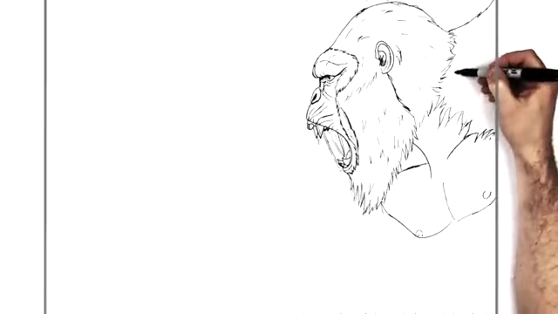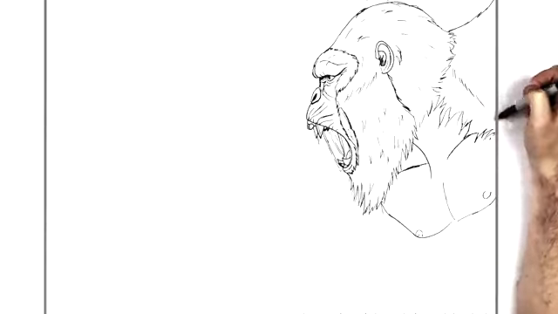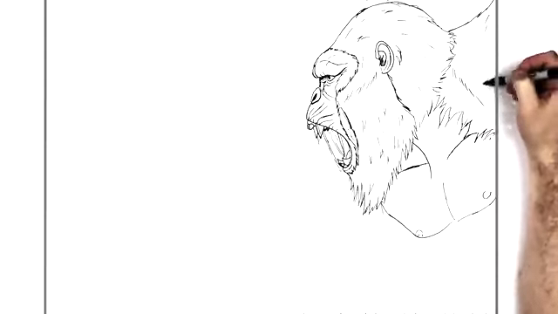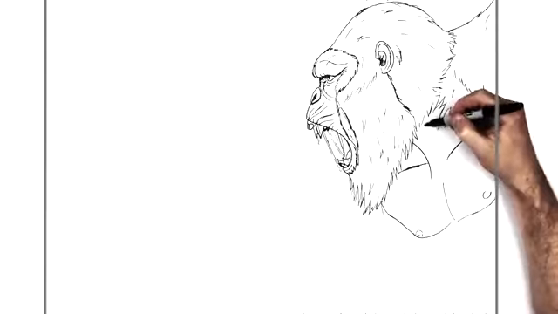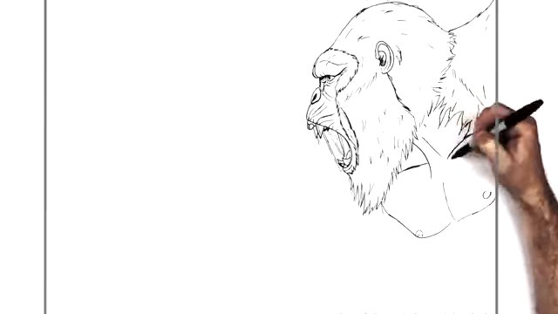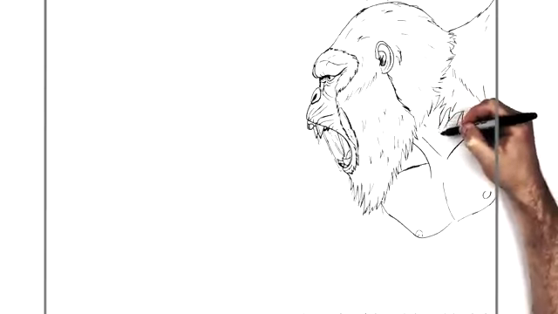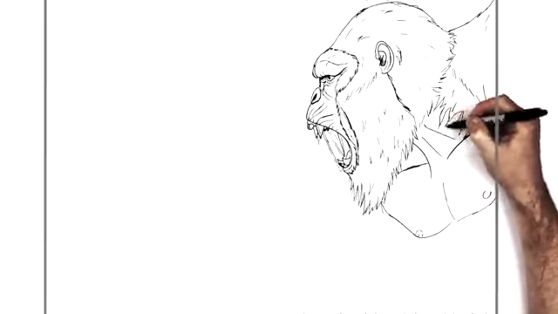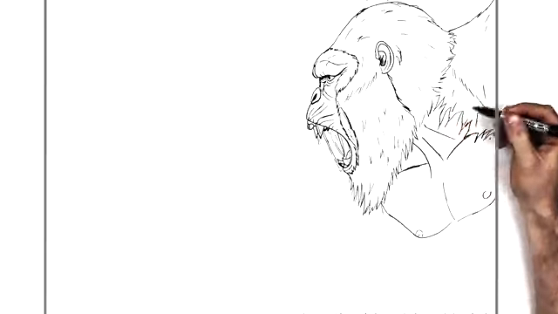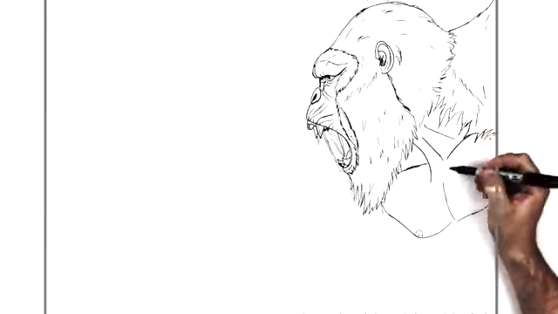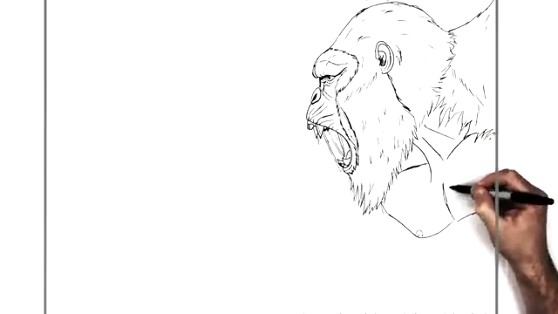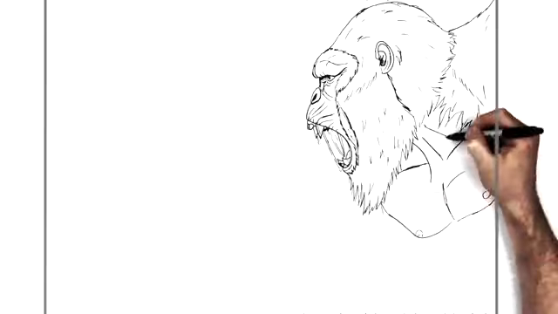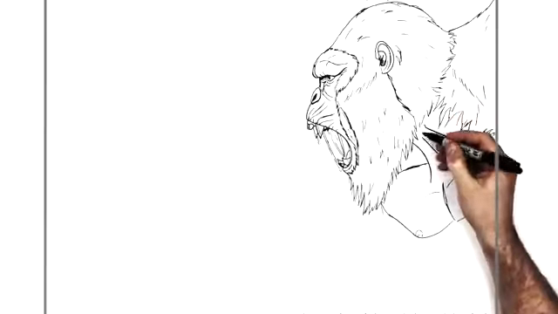We could have just some lines to show where his shoulder is, like so, and then some other neck muscle lines here. So he's roaring, so it's got crazy stretch on his neck.